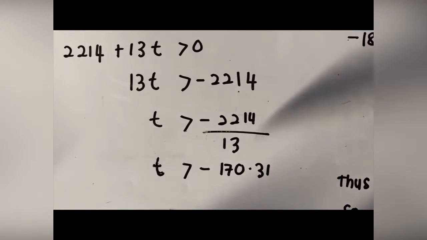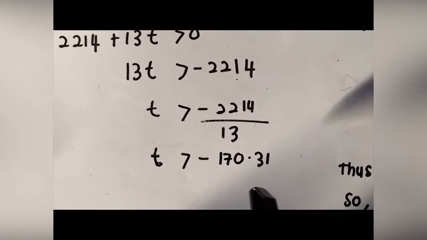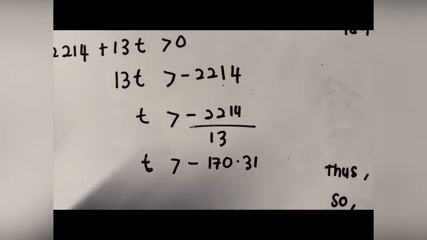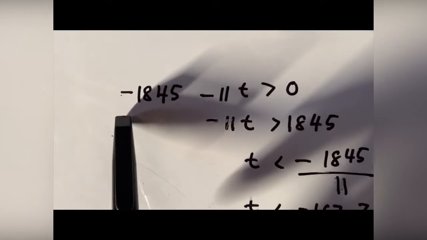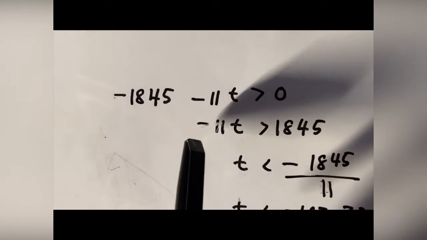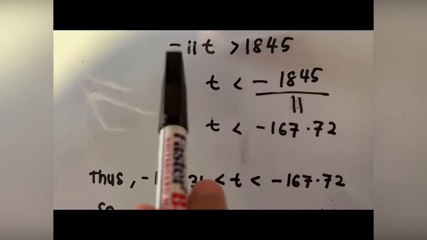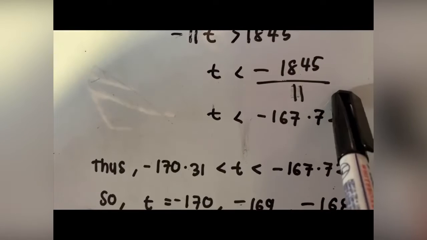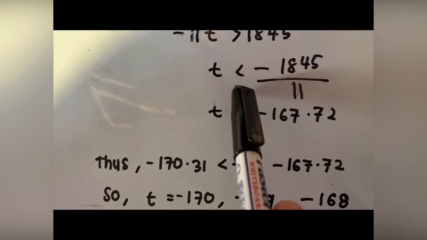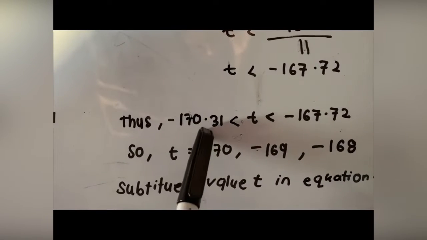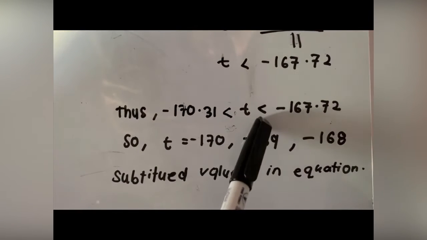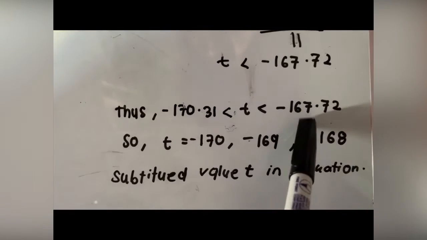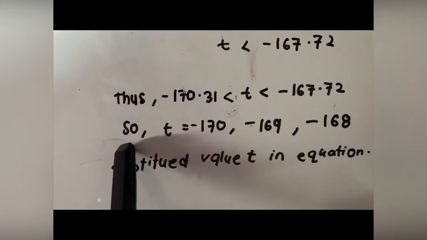So you must use this formula and then you can get the value of T. First, for X, you can get the answer T greater than negative 170.31. So you just use the same calculation to get the answer for Y. The conclusion from this solution: negative 117.31 is smaller than T, and the value of T is smaller than negative 176.72.